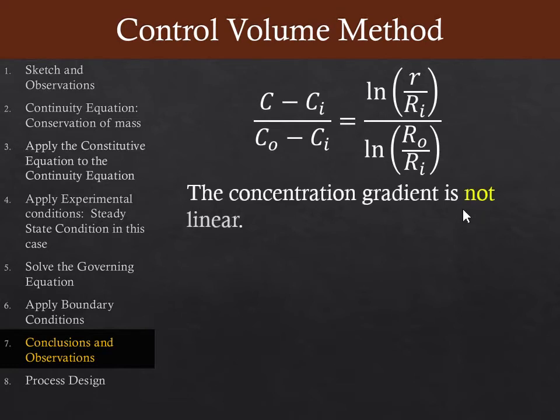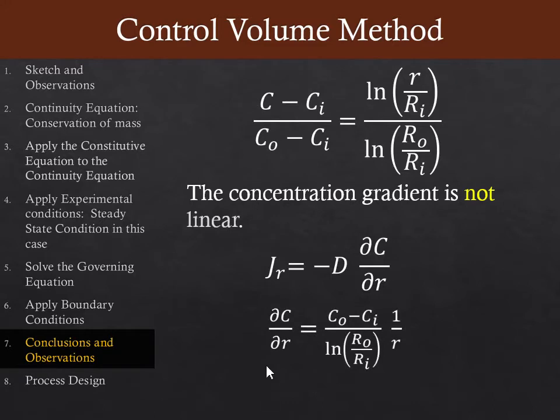So we can see again the concentration gradient is not linear any longer. So if we were to go ahead and find the flux by Fick's first law, so move this stuff over and then take the derivative dc/dr of this equation. Okay, so dc/dr of this, if you go ahead and do that, you're going to get this as the solution.